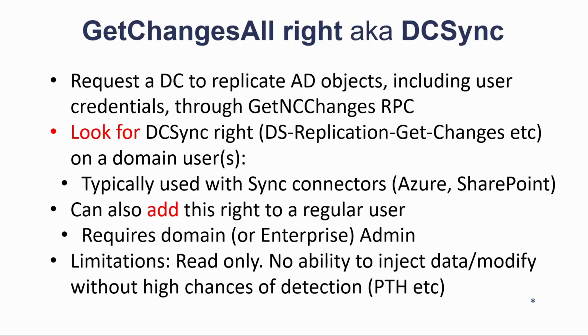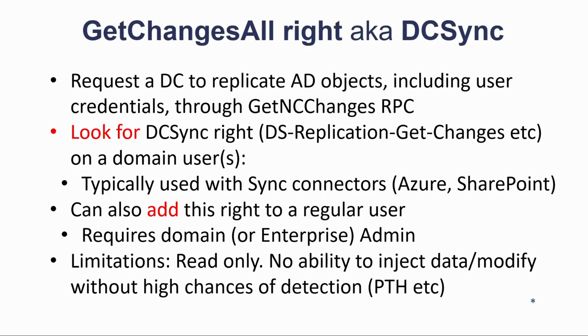Actually, every domain user can do that, this simple query, and you can possibly target those simple accounts. Normally, they will be all kinds of sync connectors, like a normal domain user with a specific right. You see it with the Azure AD connector, SharePoint connectors, etc. Those accounts have that permission, so you can go for that low-hanging fruit.